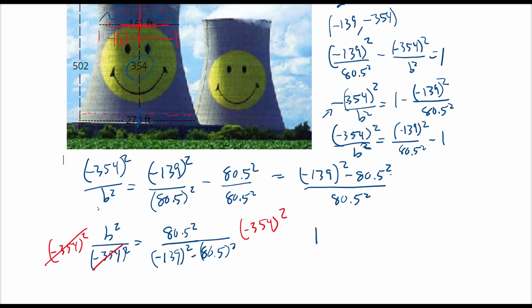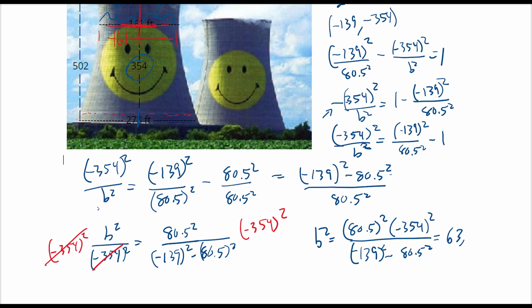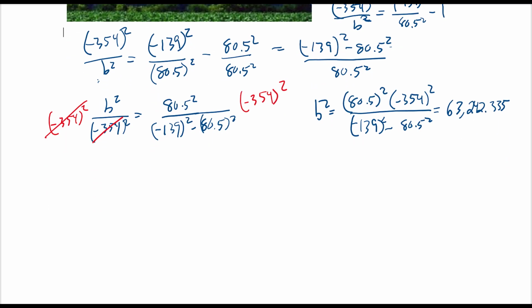And so we're left with b squared equals 80.5 squared times negative 354 squared over the negative 139 quantity squared minus 80.5 squared. And we end up with 63,242.335. So I'm rounding to 3 places there. I know someone else is going to get mad later on because I don't keep my significant figures.